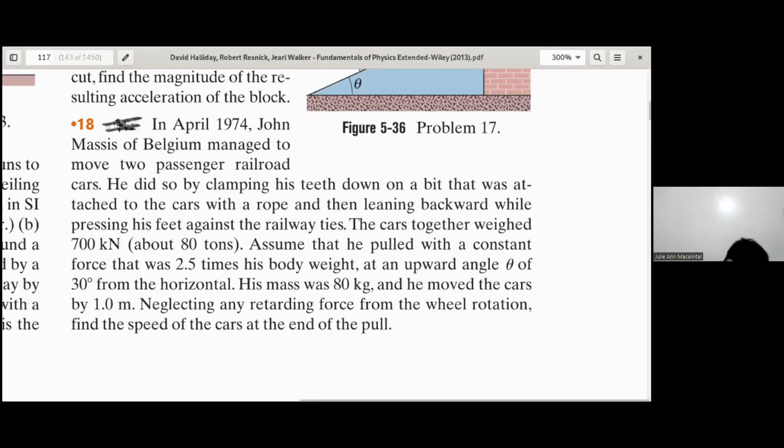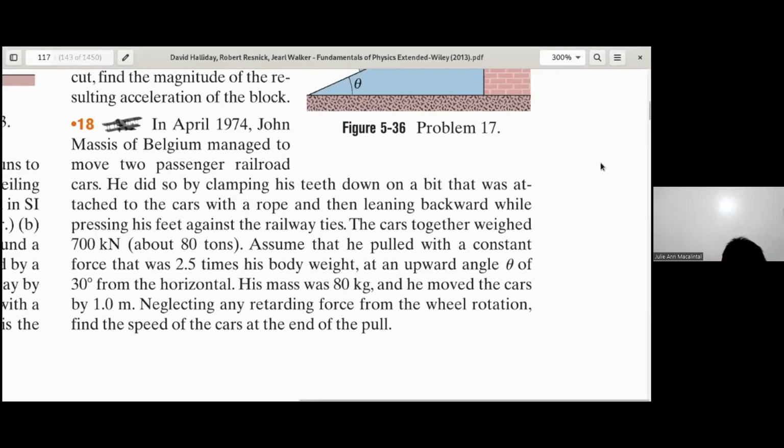Yun muna. So, i-idealize natin si John Massis as a point. Kasi hindi pa tayo ready mag-handle ng extended objects. So, ano yung mga forces? Pagka nagka-extended, mag-iiba na naman yan. Magiging mas complicated.